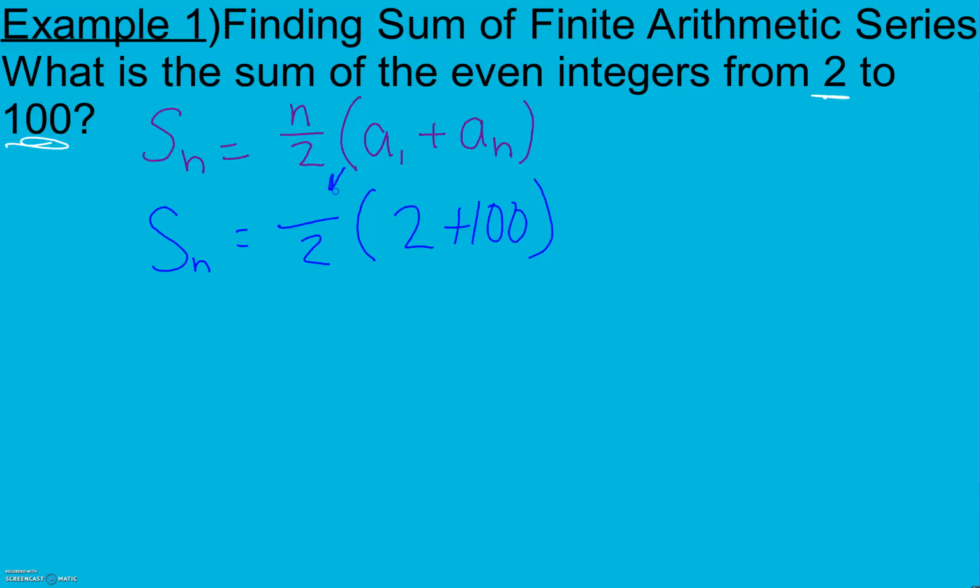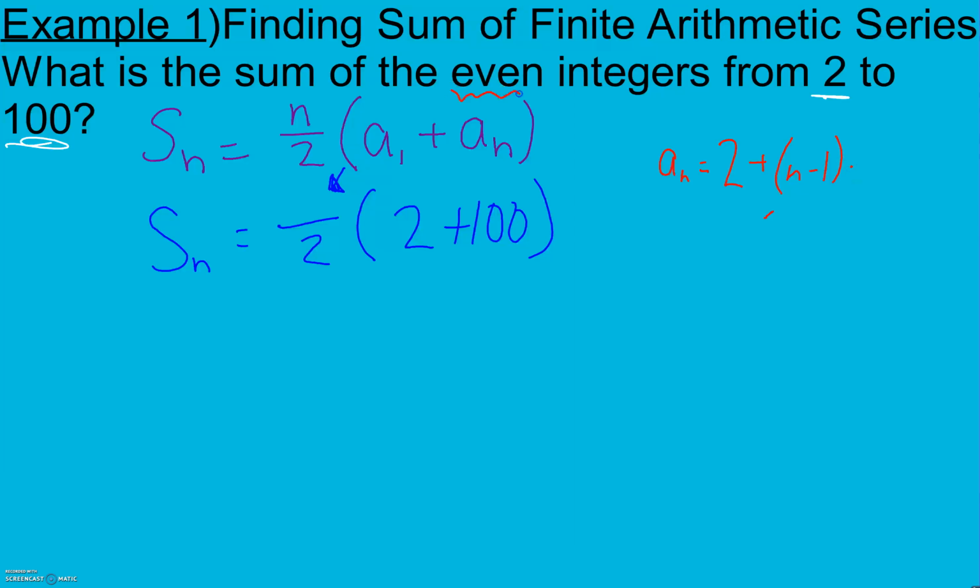But we don't know how many terms we have. Some of you might say, well, if it's even numbers to 100, that's just 50. But for those of you that didn't figure that out, and for problems where it's not as easy to see, we can figure out our n value by using our explicit form for the sequence. So the sequence itself, a of n equals our first term, 2, plus our n-1, and our common difference.